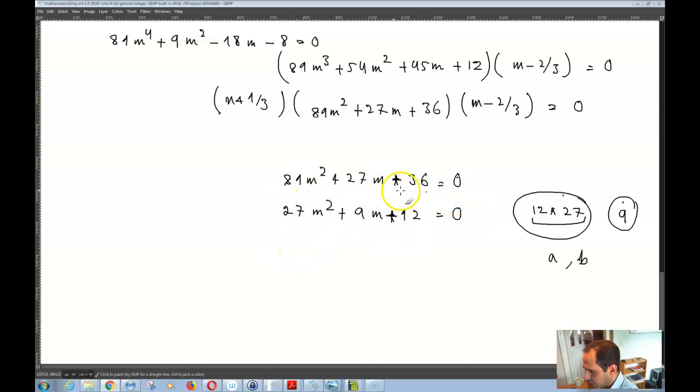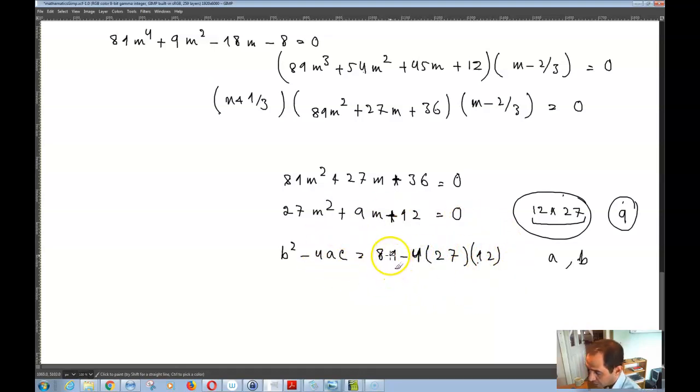And moreover, if you calculate the discriminant of this equation, you will get b squared minus 4ac. You will get basically 81 minus 4 times 27 times 12, and you can see that you're getting a negative number over here.